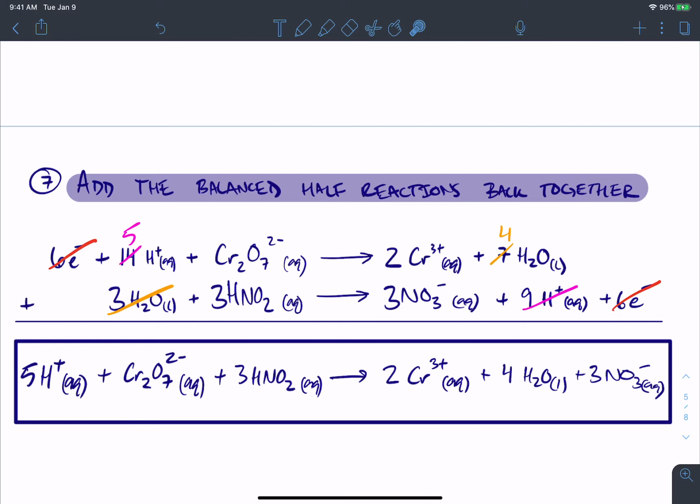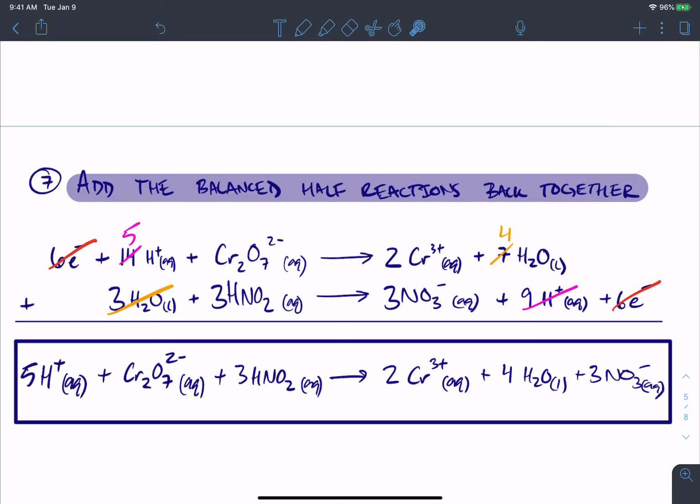So 9 will cancel out with the 14 to give us a net of 5 hydrogen ions on the reactant side. Once we've taken into account all the things that are either going to be combined or canceled, then it's just going to be a simple matter of combining everything that's on the reactant side, writing that all together, and then taking everything that's on the product side and writing that all together.